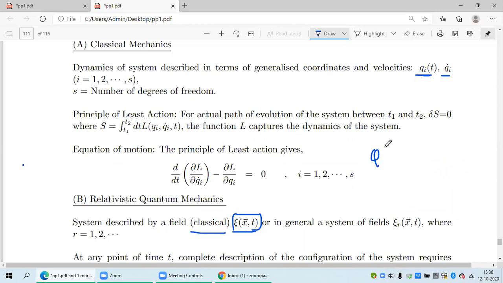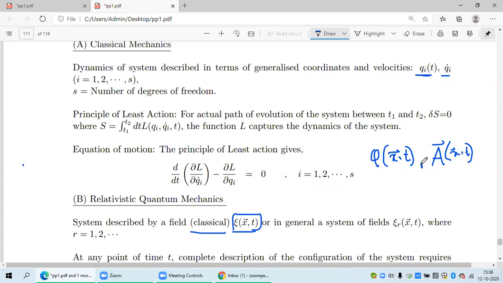Phi is a function of x and t. It is the scalar potential, and the vector potential A is also a function of x and t. If you know phi and A, you can directly calculate the electric field and magnetic field.